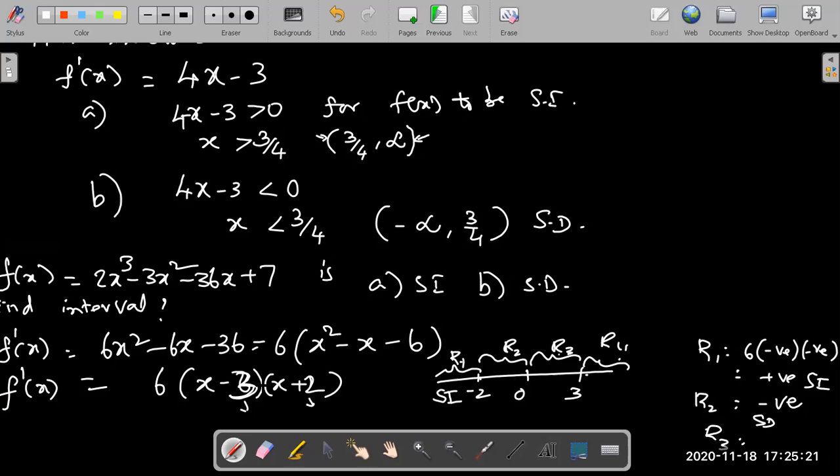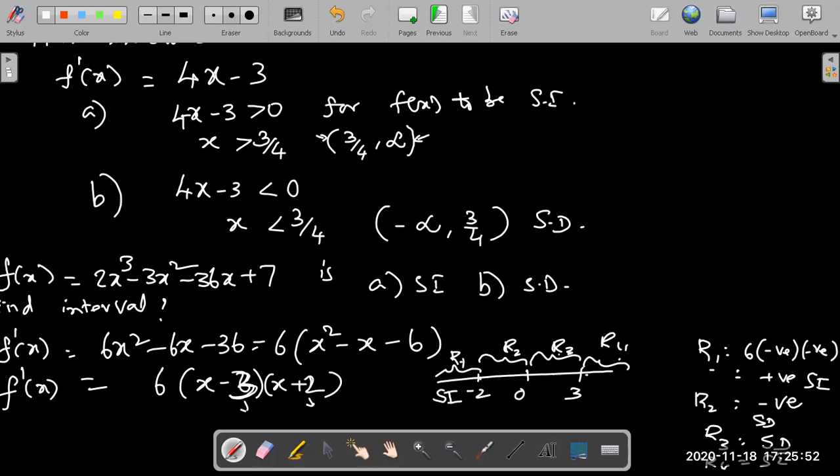This is negative, this is positive. So everything is negative, strictly decreasing. The last one, anything greater than 3, the entire thing is positive. So strictly increasing.